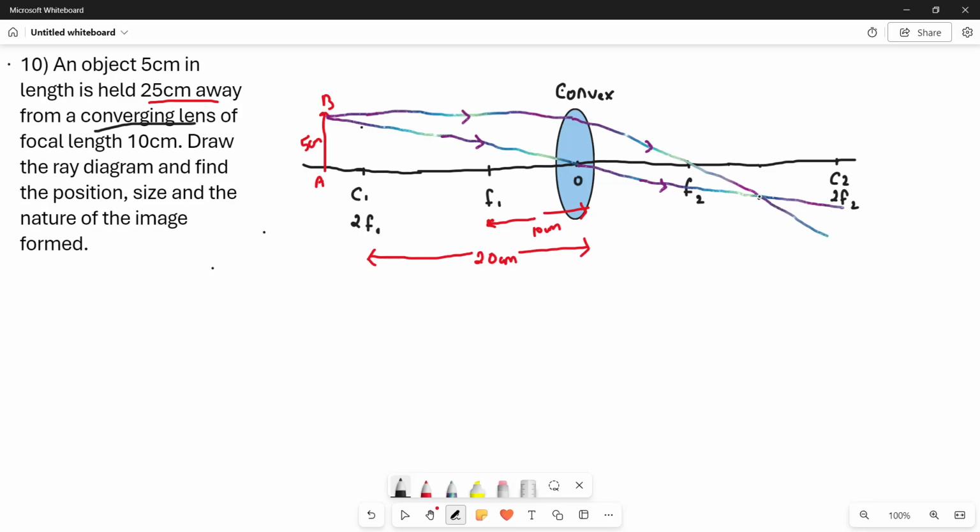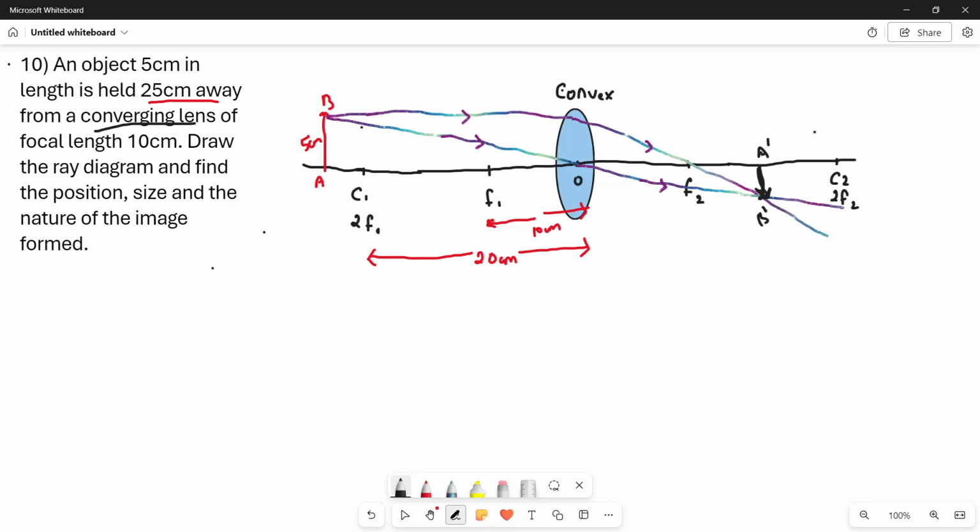So this is the intersection point, and let us drop a line, and this is your image. So it is going to be A dash and B dash. So why I am naming this A dash is, it is on the same axis of your A. Alright, it is on the same axis of your A. So I am naming it as A dash, and this I am naming it as B dash.